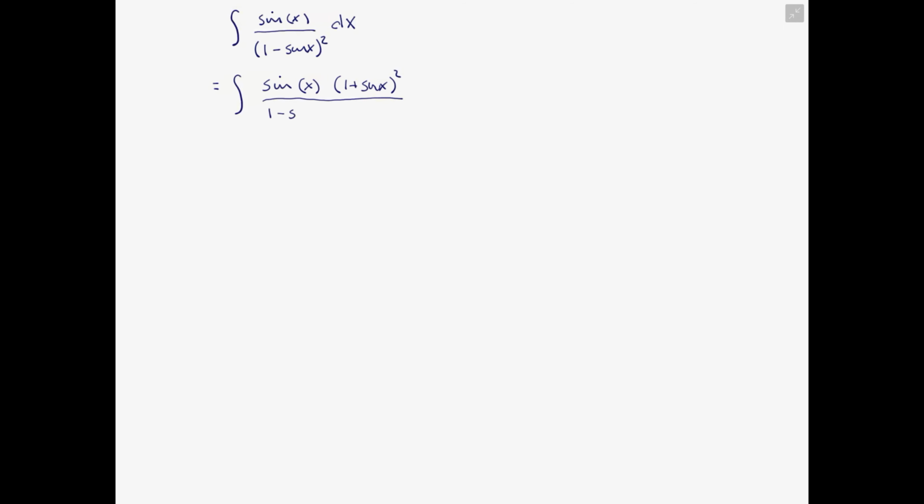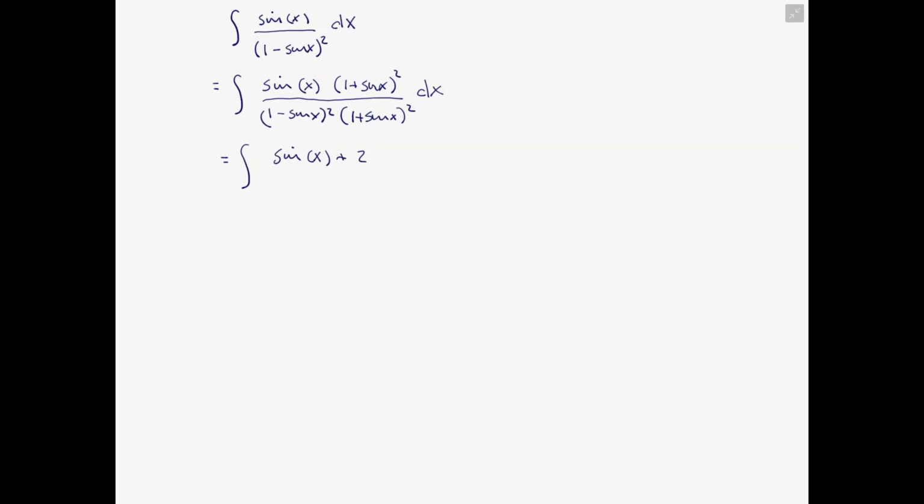So we have 1 plus sine x squared, and we have 1 minus sine x squared and 1 plus sine x squared. So now we're just multiplying by 1 there, but it allows us to use identities.